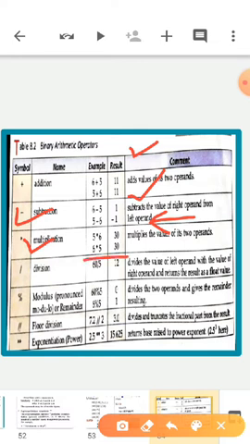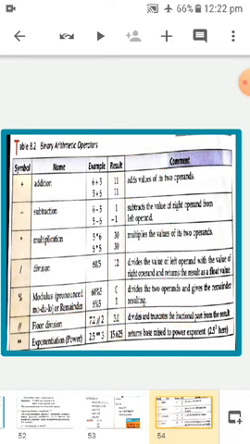Now division: 60 divided by 5 you will get 12. 60 mod 5 is 0, 6 mod 5 is 1 because in this you deal with the remainder only. Floor only deals with the quotient part. Exponentiation means power. So with this I hope you are very much clear with all the binary arithmetic operators.